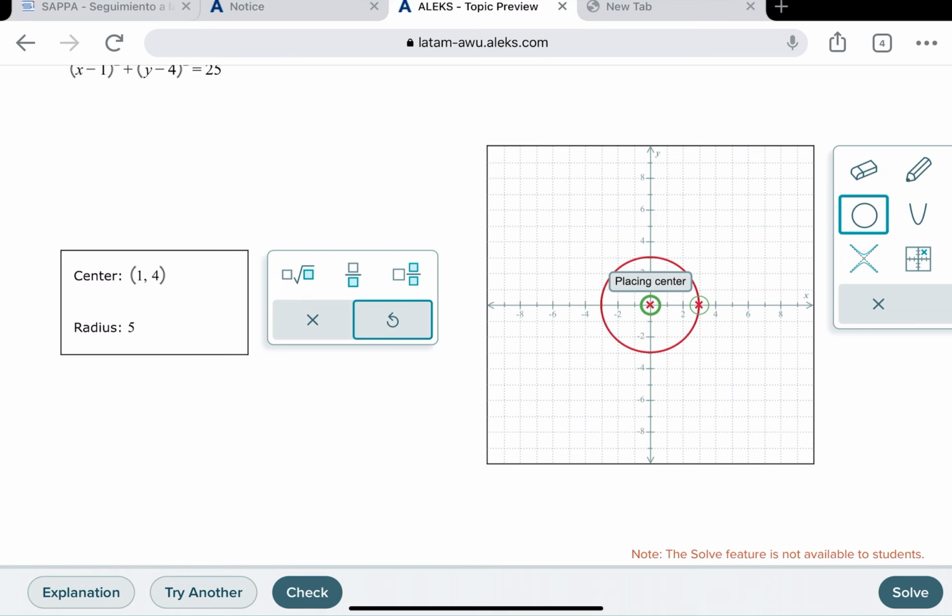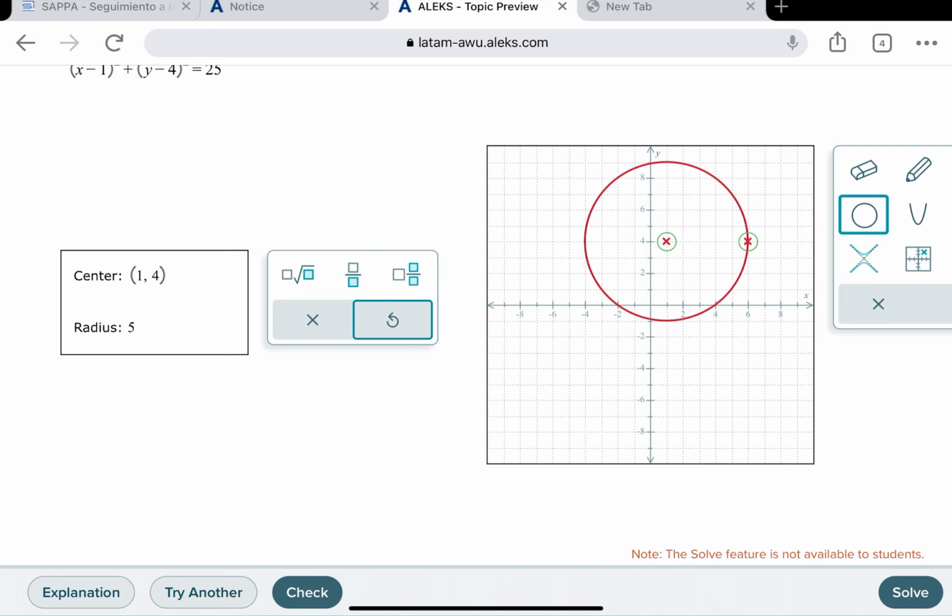I place the center at (1, 4): 1 is here, 1, 2, 3, 4, there. Now, where can I place the other point? If I know that the center is at that point, and I know that the radius is 5, I'm going to start here and count 1, 2, 3 to the right, 4, and 5.